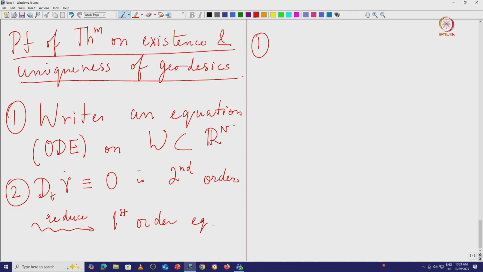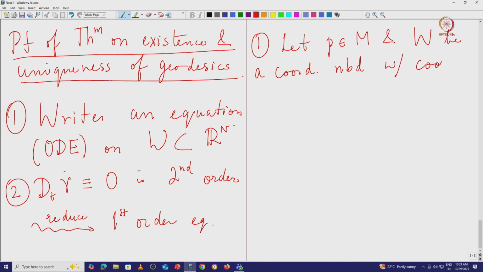So, of course, if you want to write it as an equation on R^n, you just choose local coordinates. So, let P be our point in M, and let W be a coordinate neighborhood with coordinates, let us say x1 up to xn. Then if you look at the tangent bundle restricted to W, that is essentially just a product of W cross R^n.